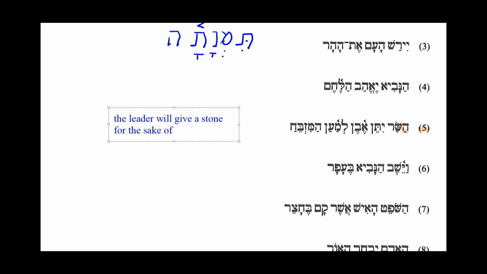And this again is a classic definite article. Hey with a patach, doubling of the first letter. Mizbeach is an altar. So the leader will give a stone for the sake of the altar. The definite article is just translated as the.